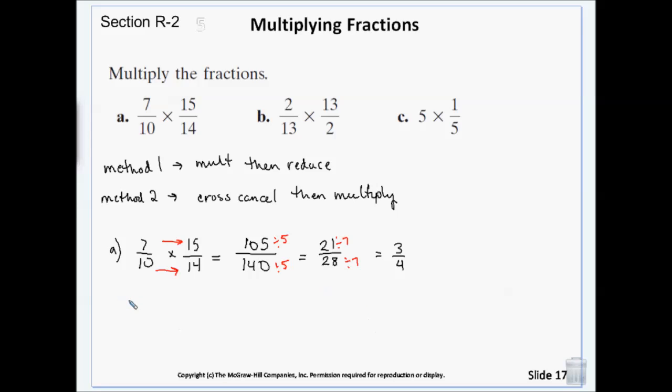Now, I could have reduced first and then multiplied. And when you reduce first, you cross cancel. So 7 and 14 both divide by 7. And then 10 and 15 both divide by, I'm right saying 5.